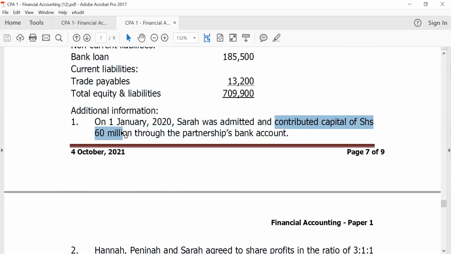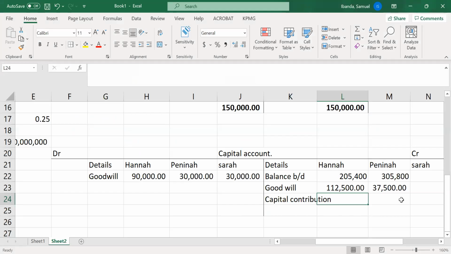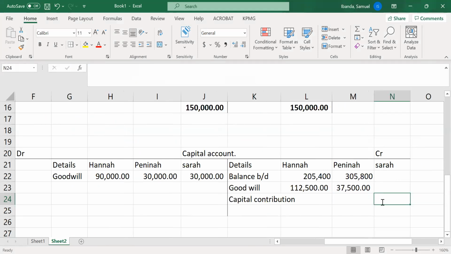Sarah contributed a capital of 60 million into the partnership bank account. So you have that capital contribution for Sarah right here, 60,000, right there under Sarah's column. So going forward, Sarah will have that capital balance.